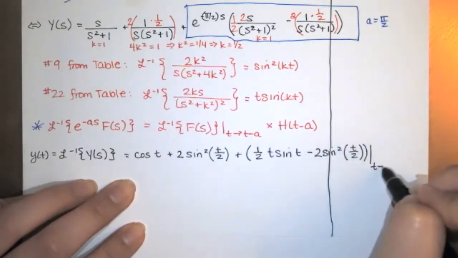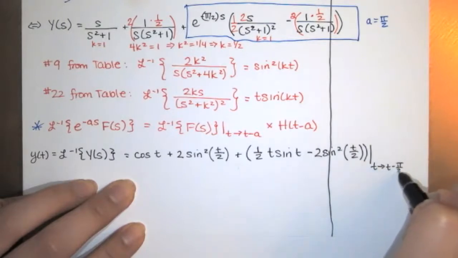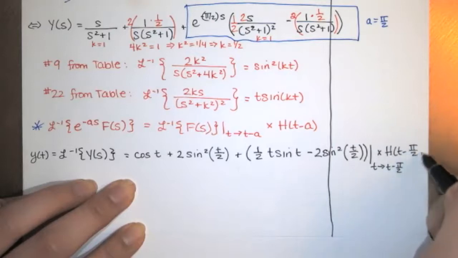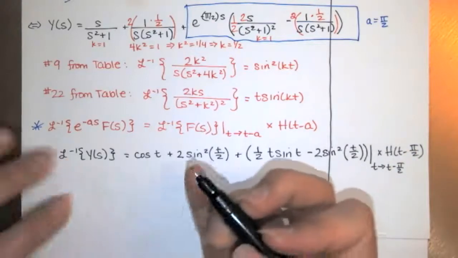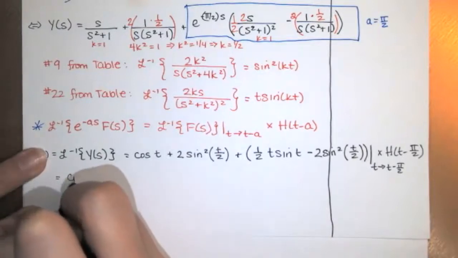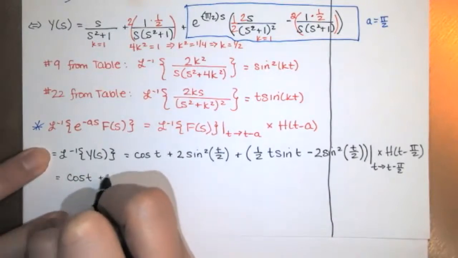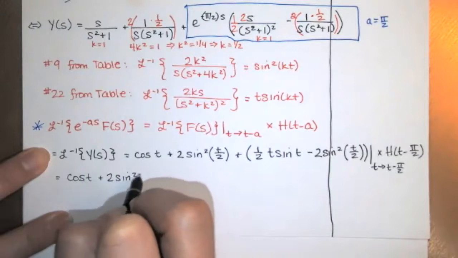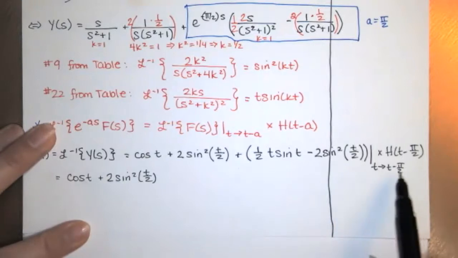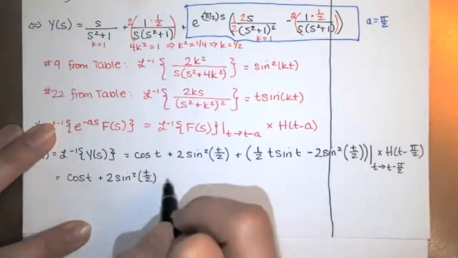And here t is going to be replaced by t minus pi over 2, and then we're going to take that result and multiply by the Heaviside function at t minus pi over 2. So now we've got this. That's cosine of t plus 2 times sine squared of t over 2. And I want to replace my t's with t minus pi over 2 now.